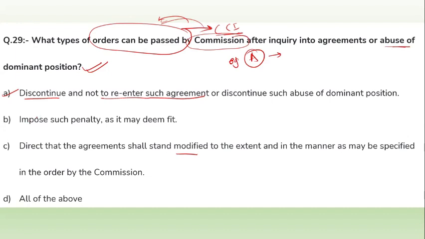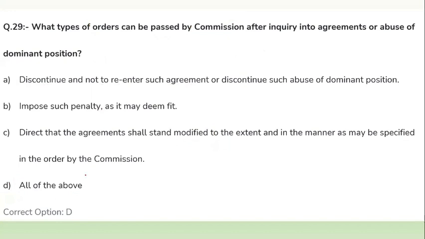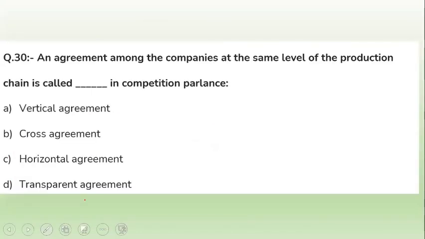Second, it has the authority to impose a penalty, and to give direction for modification in a specific order by the Commission. These are the powers of the CCI if it finds anyone abusing his dominant position. So option D, all of the above, is the correct answer.